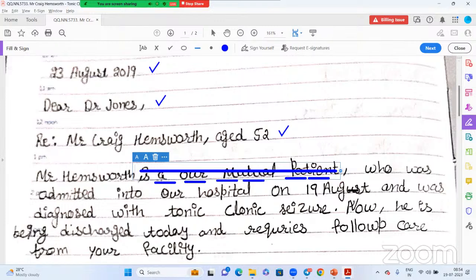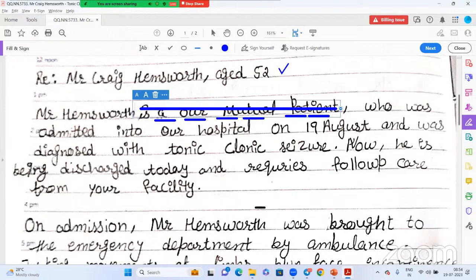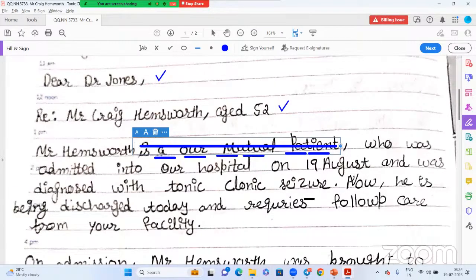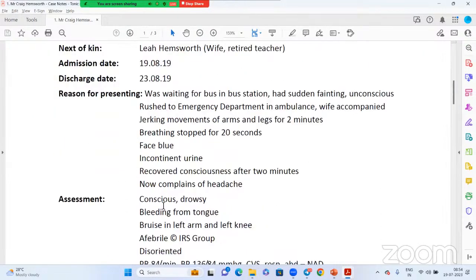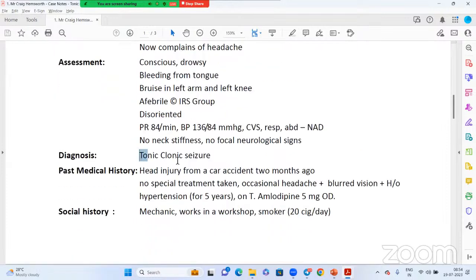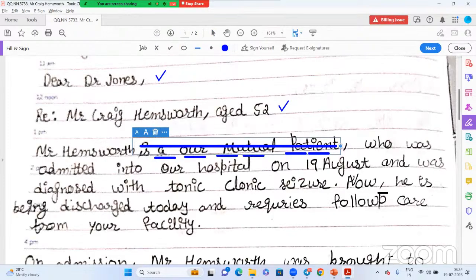So Mr. Hemsworth, who was admitted into our hospital on 19 August, and was diagnosed with tonic clonic seizures. So what is the diagnosis? Tonic clonic seizure. So you can write this one. That is enough. So who was? This you can write into the next paragraph.